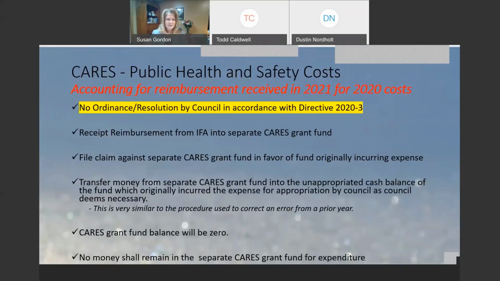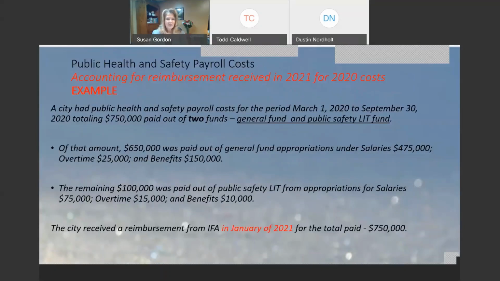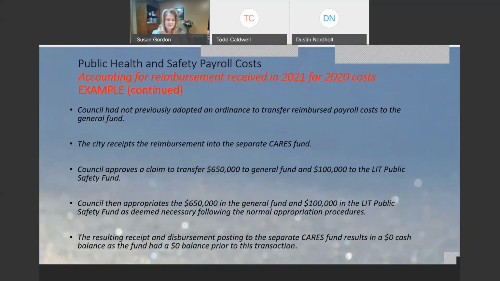So we'll go over an example of that. This is the same scenario we had earlier, so I won't read through all of that. City received the reimbursement from IFA in January of 2021 for the total amount paid of $750,000, and remembering that there is no ordinance under 2020-3. The city goes ahead and receipts the reimbursement into the separate CARES fund, and then council approves a claim to transfer $650,000 to general fund and $100,000 to the LIT public safety fund.